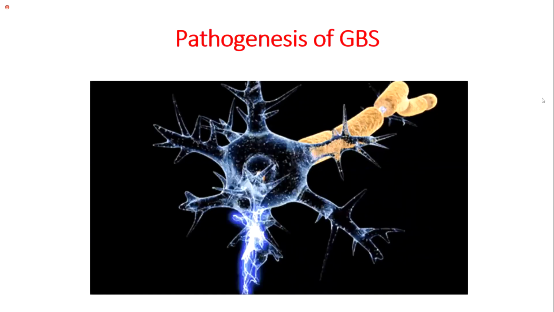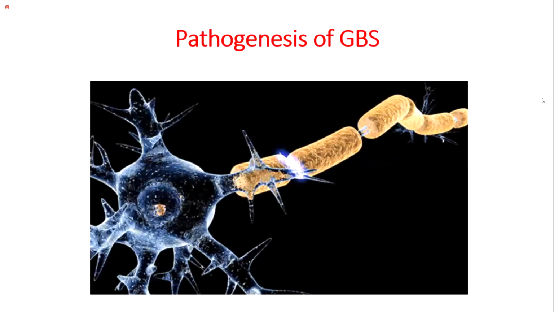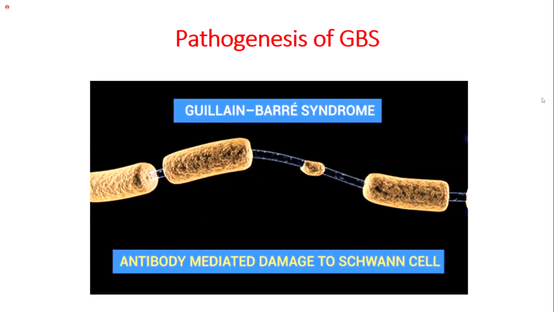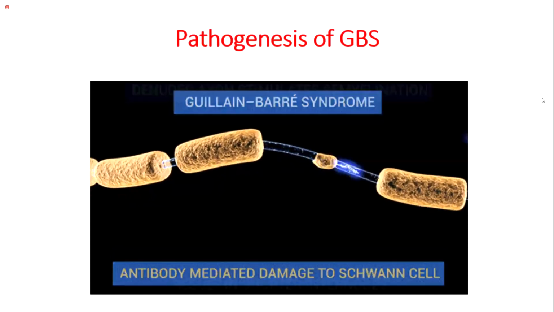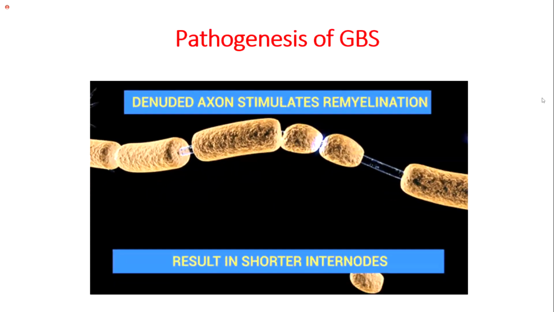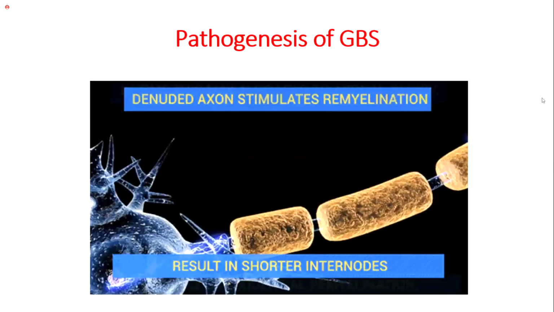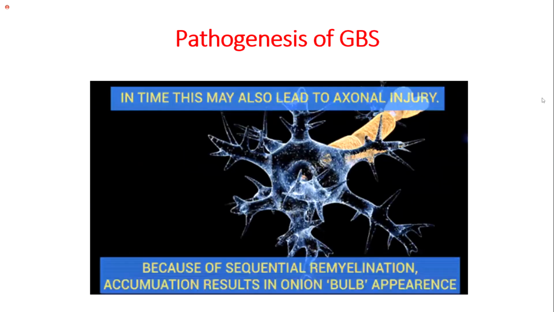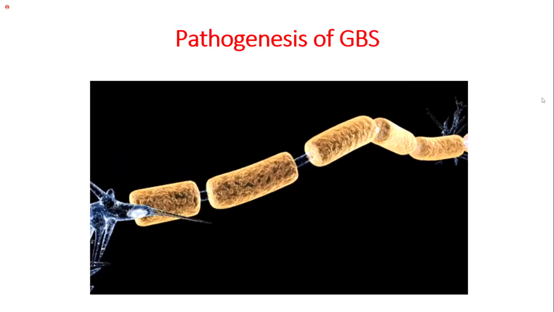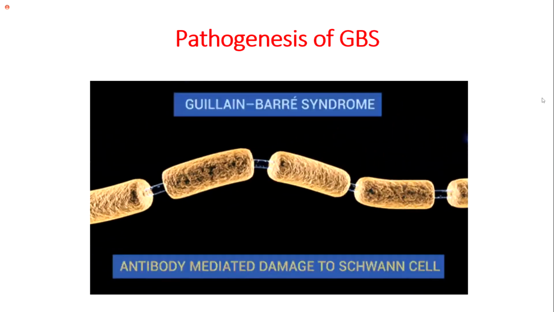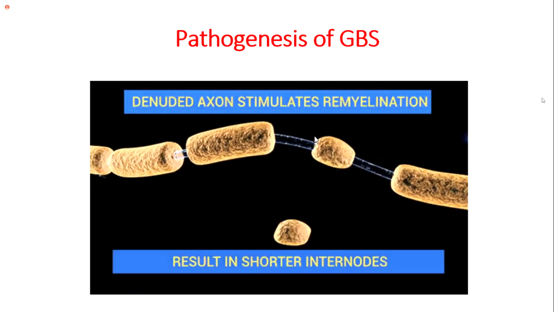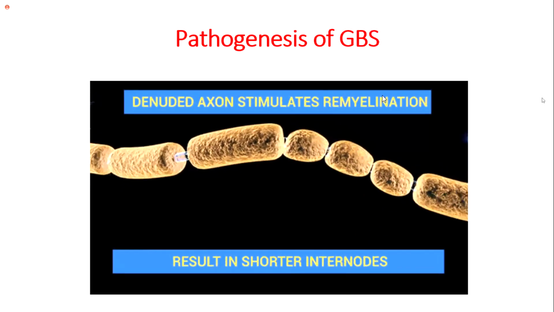Now that is an animation for you to see. Now you can see what I just described to you. So you can see the electrical current going very fast. When there's demyelination, it goes very slowly because nerve conduction is through the nodes of Ranvier.